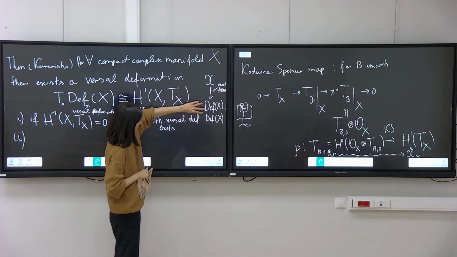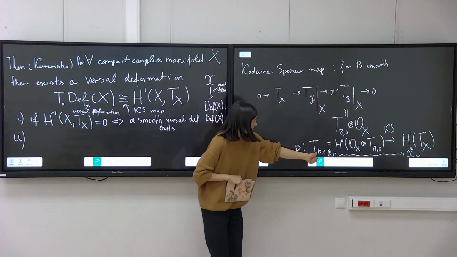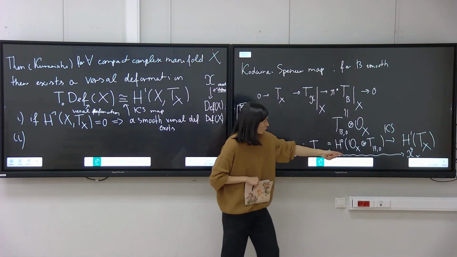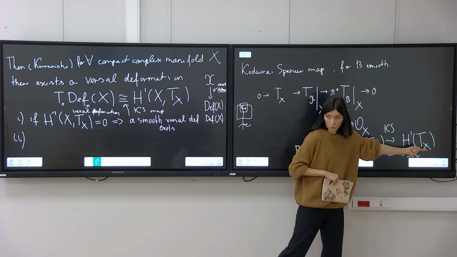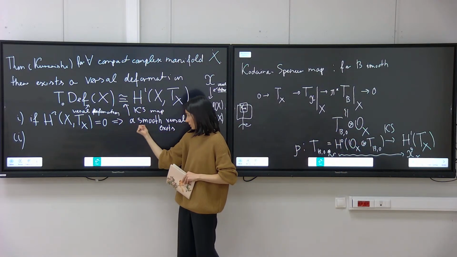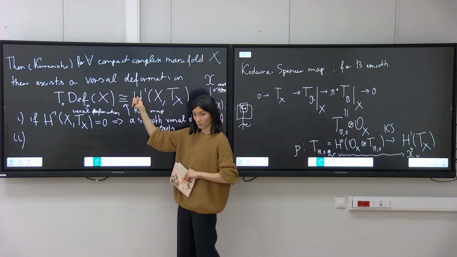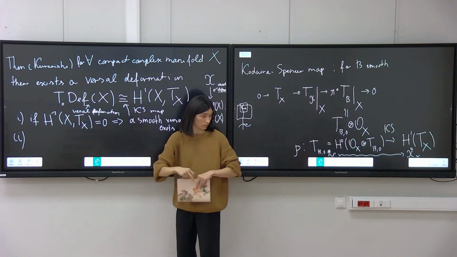Since this is a deformation of x, we have the corresponding Kodaira-Spencer map from the tangent space to the first cohomology of the tangent bundle, and in the smooth case this isomorphism comes from Kodaira-Spencer.